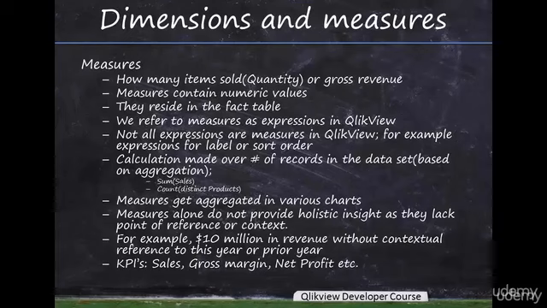Another important point to understand is that calculations are made over a number of records. Since a fact table contains thousands or millions of records and each contains a numeric value, QlikView aggregates these values, and in the simplest form it uses one of the aggregation functions such as sum, average, count, and so forth.